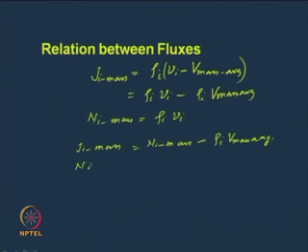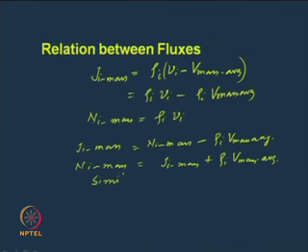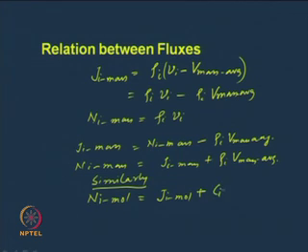So, N I mass will be J I mass plus rho I V mass average. Similarly, we can derive molar flux N I mole is equal to J I mole plus C I V mole average.